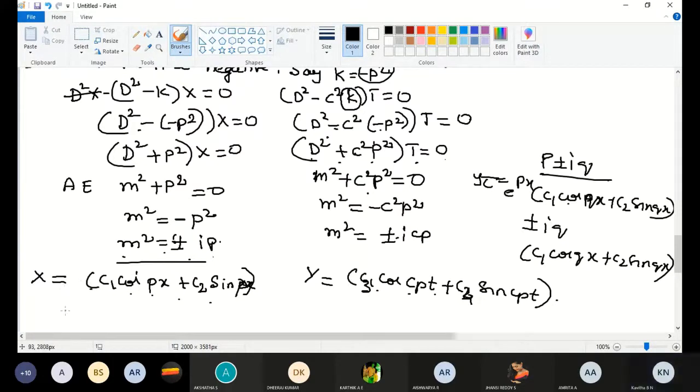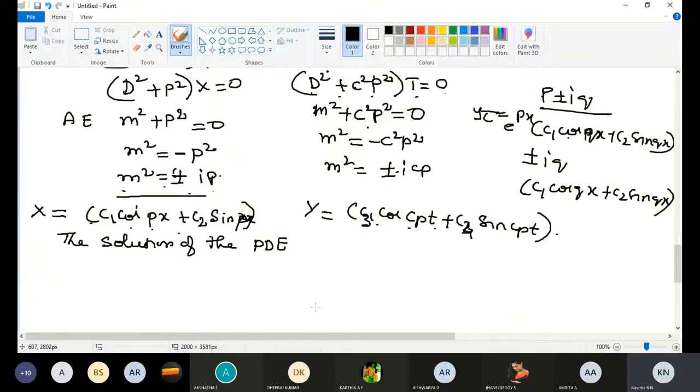Then write the solution here. The solution of the PDE means U is equal to capital X T. Okay, means here in place of X we have to write down c1 cos px plus c2 sin px.